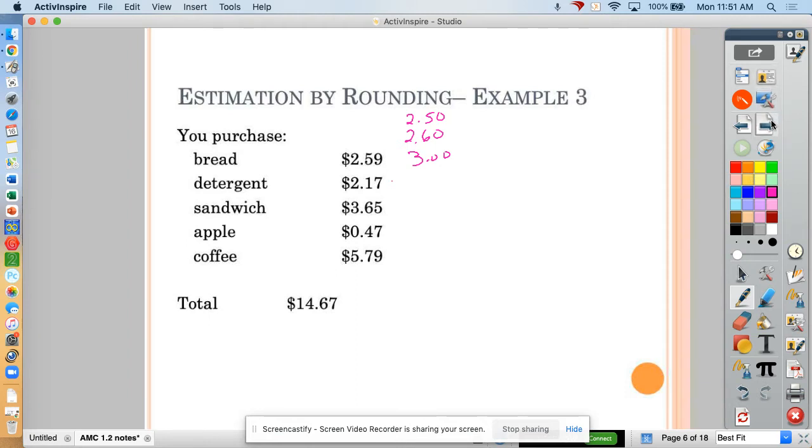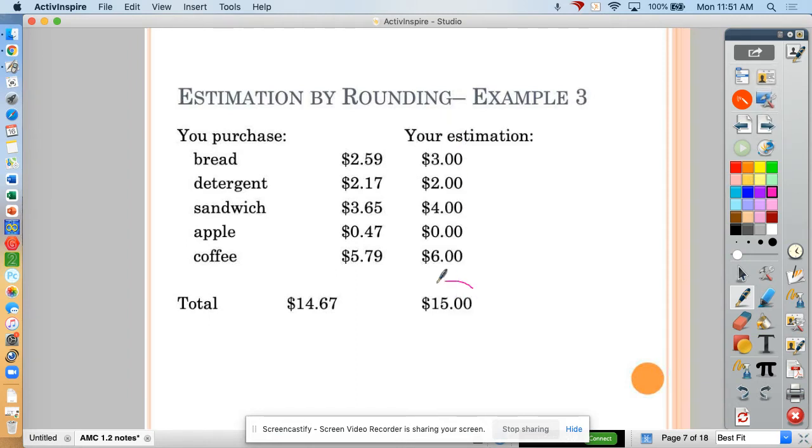So maybe these are your estimations, and your total was $15 when you estimated, and the exact total was $14.67. So you had a good estimate here. It's just maybe you forgot about tax. So maybe you shouldn't have made this go down or this one go down. Maybe they should have gone up, and we could have covered our taxes on that. But it doesn't make this wrong, okay?